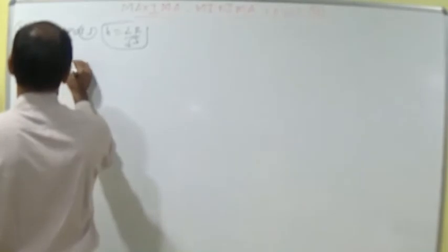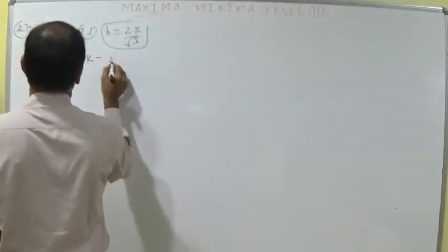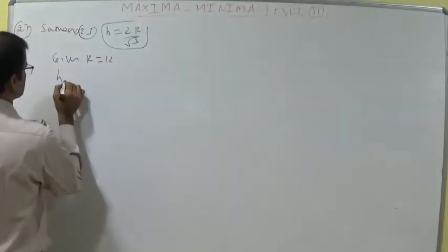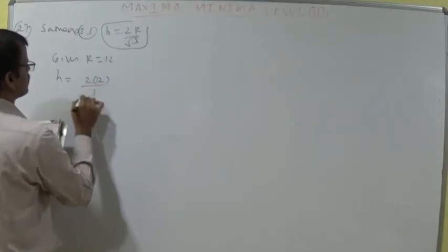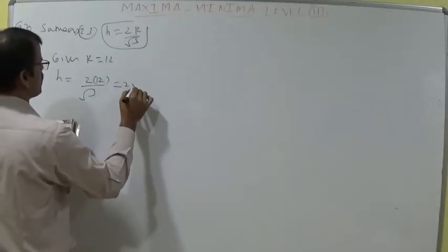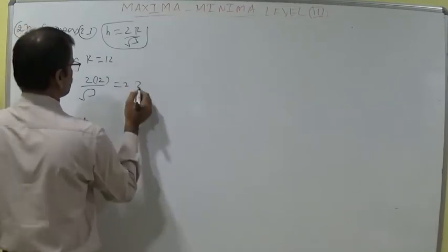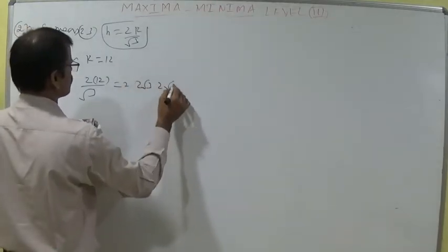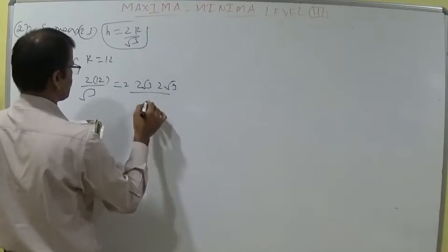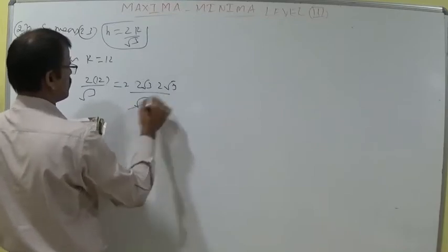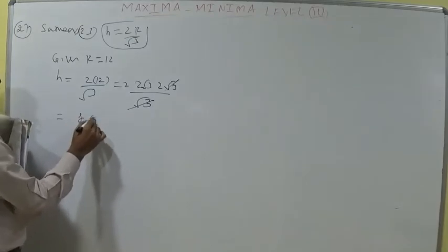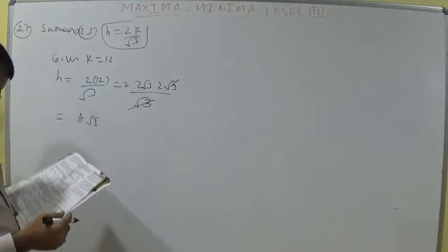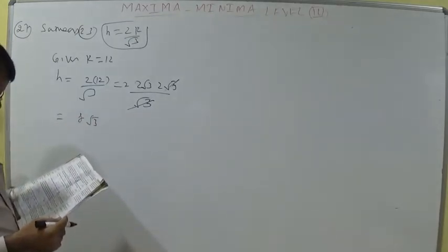The 28th question: a closed cylinder of given volume will have least surface area, then the ratio of its height and base radius. Closed cylinder, so in previous model, same as the 25th question. Here it is closed, here and here.